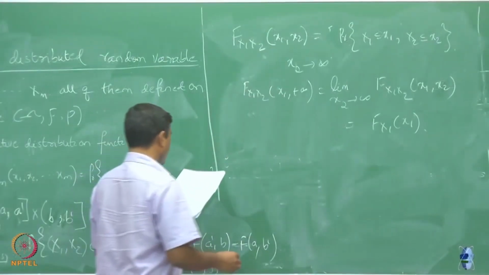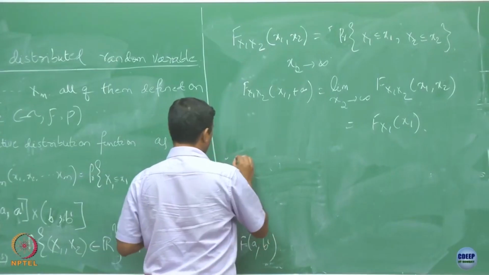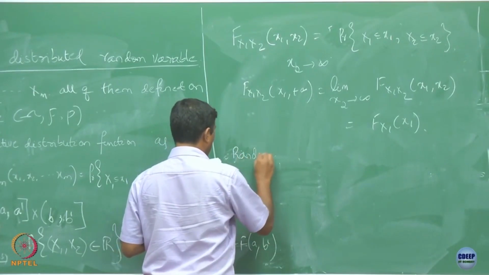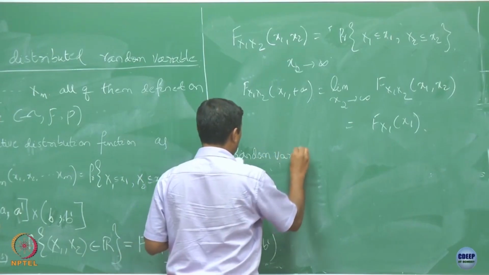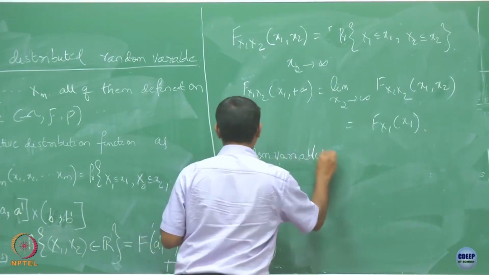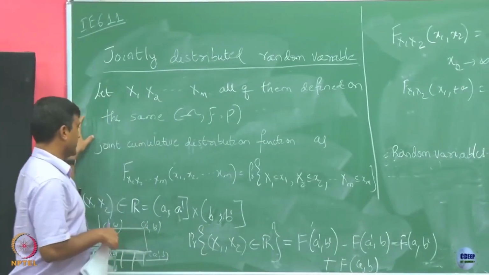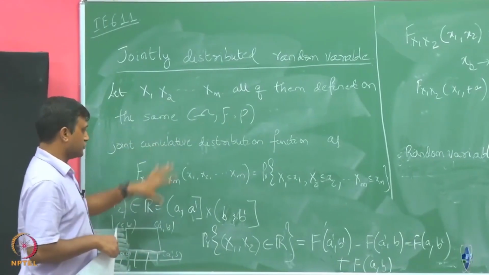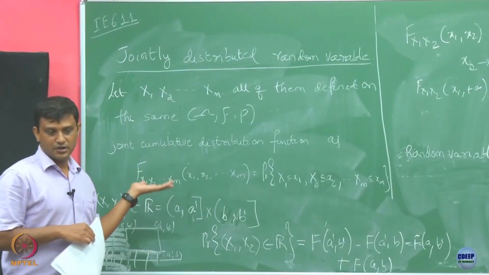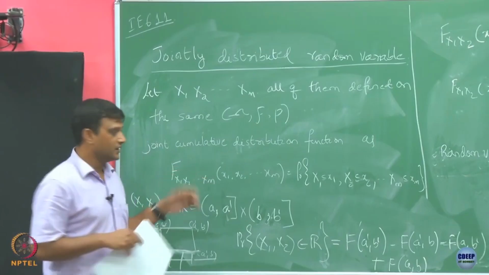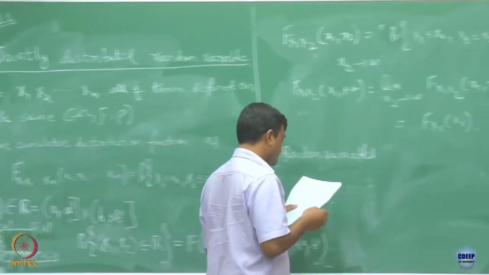We are going to say random variables are... This definition I have given is for random variables on the same space, and their joint cumulative distribution function is this. I didn't specify whether these are discrete or continuous random variables.